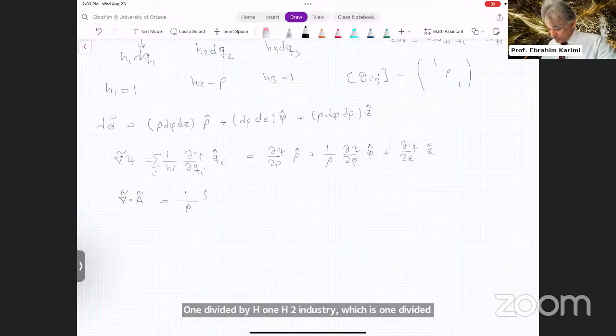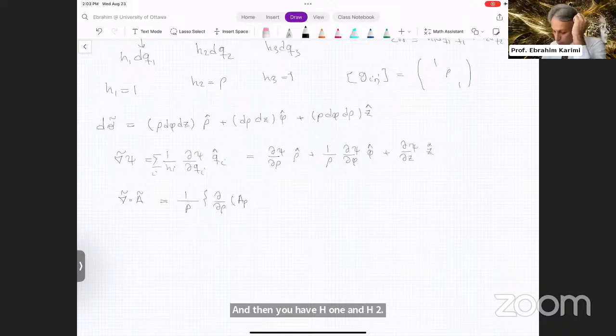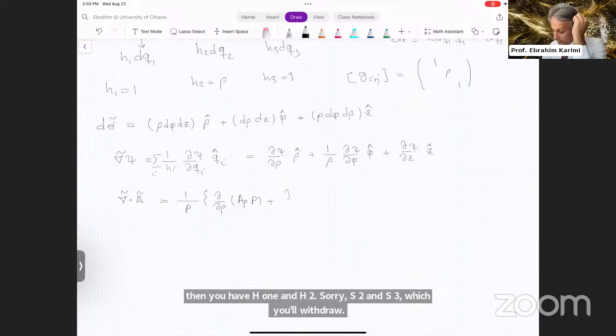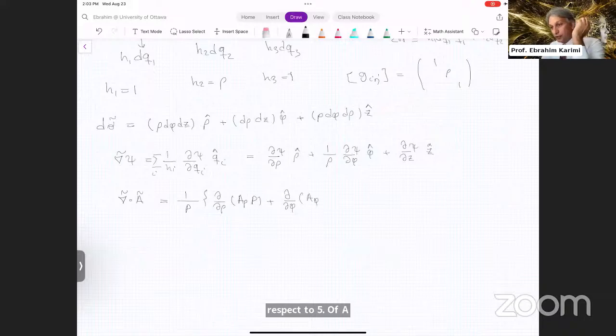Then the derivative with respect to rho of A1, which is A rho, times h2 h3, which is rho. Then the derivative with respect to phi of A phi, times h1 h3, which is equal to 1.